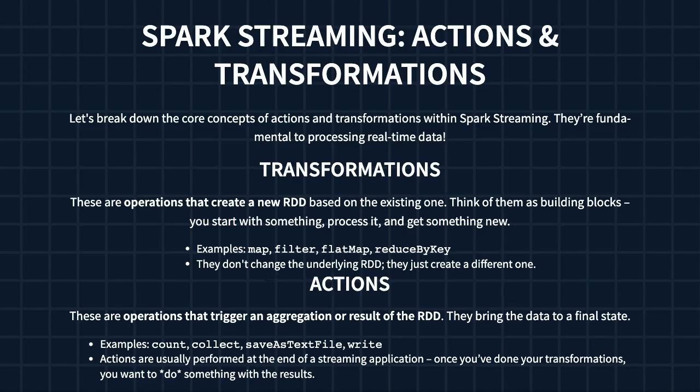Now, actions are when you actually do something with that processed data. They're like the final step after you've done your transformations. You might want to count the records, save them to a file, or write them somewhere. The key thing is transformations create RDDs and actions use those RDDs to get a result. Essentially, transformations build and actions consume.